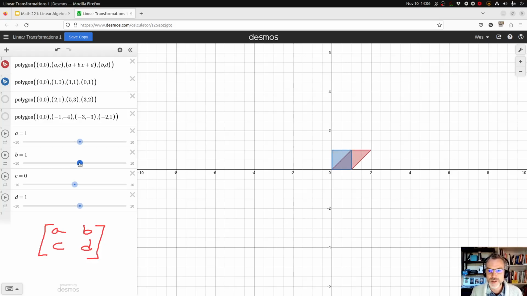It gives what's called a shear, a horizontal shear, like that. Return to start, if I can. There we go. And let's see what we have with C. I think you can anticipate what we'll have. We should have a vertical shear, sure enough.